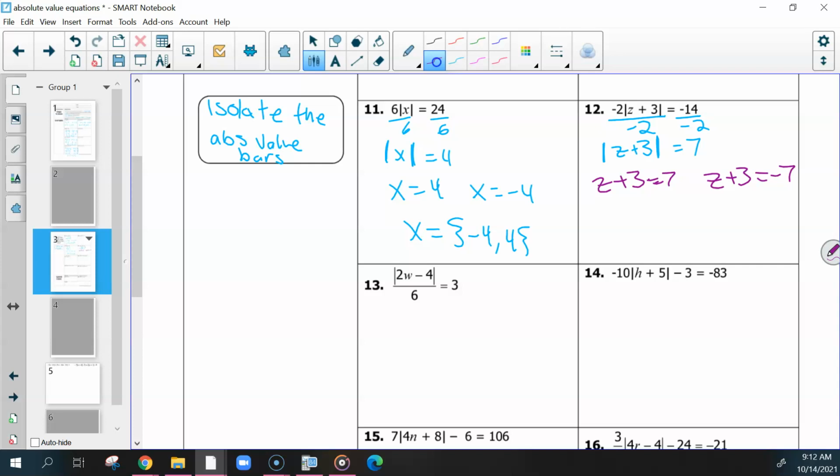However, in this case, I now need to solve both of these for z. So it has that extra step. Subtract 3 on both sides. Yep. 4 and -10.